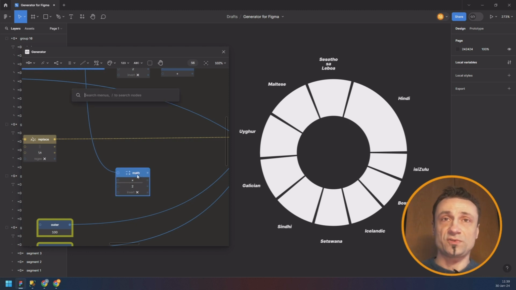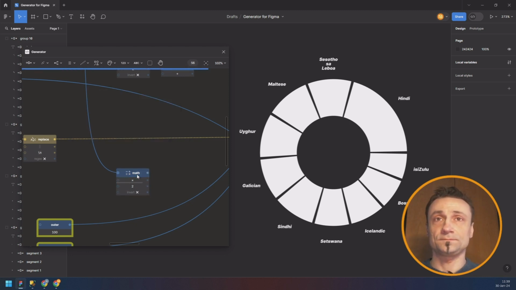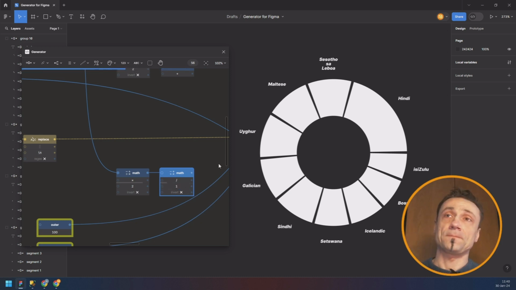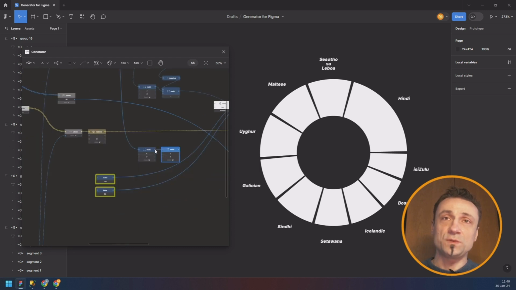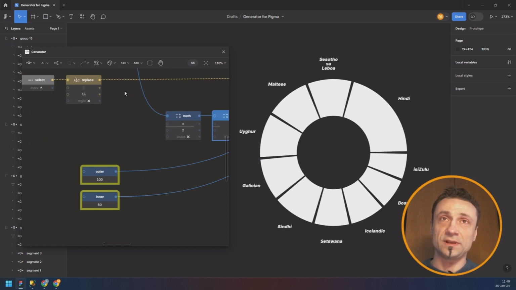And then I need to subtract, generator still needs to be optimized quite a bit, I need to subtract 1. What do I do with this? Well, I need to take these, or this distance from the outer to the inner, which I calculate using a math node like this. I set it to subtract, and then I subtract from this.